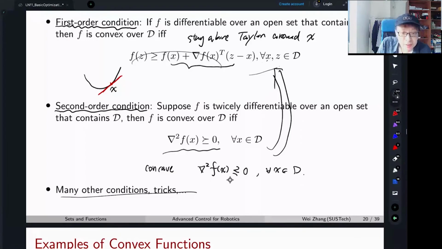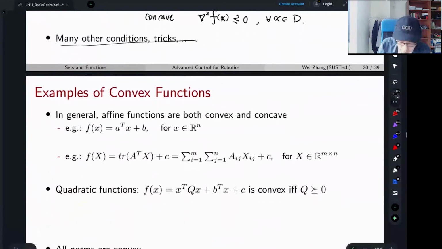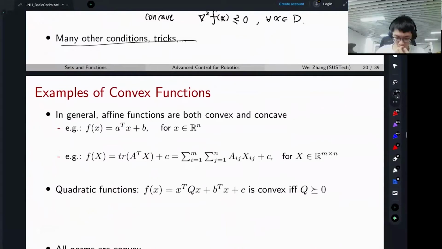Because if it is negative semi-definite, then negative f will be positive semi-definite. So basically, we only talk about convexity, because concavity is very easy to define indirectly through convexity. So an affine function is both convex and concave. Okay, Ruben, how should we prove it?